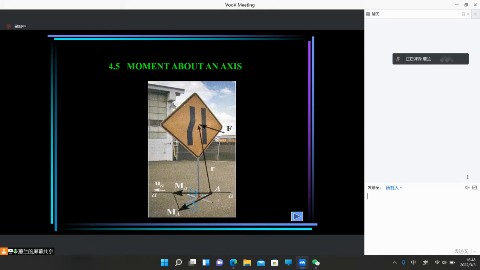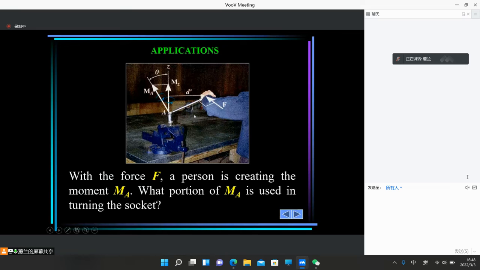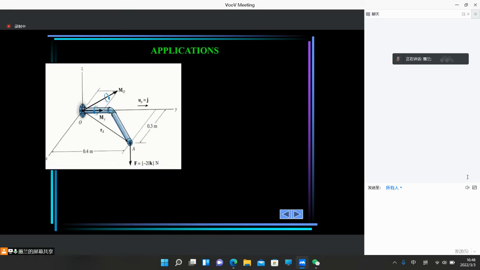That's what we have learned yesterday. And today we will continue the study about moment about an axis, because in reality, sometimes when we apply a force, actually there is only a portion of the moment about A that is used to turn the socket or to unscrew the pipe.